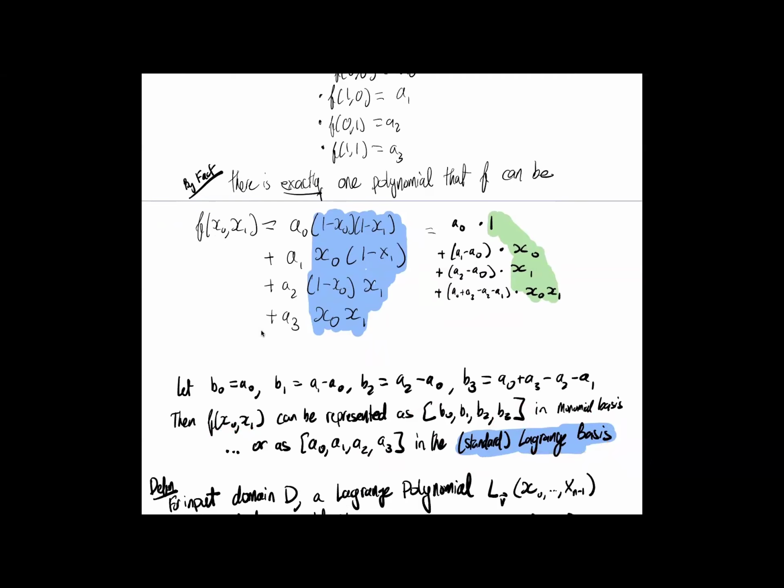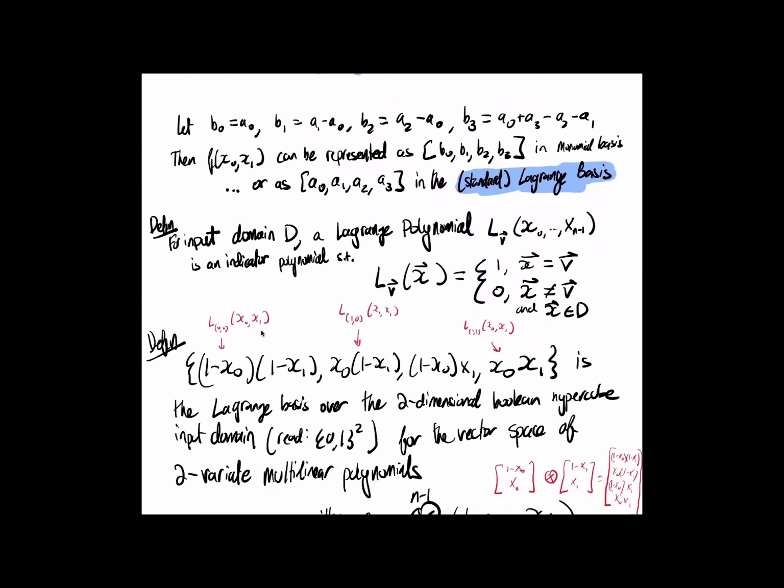As it turns out, this set of polynomials, this, and this, also forms a valid four-dimensional basis for the vector space of multilinear polynomials of two variables. So that's interesting. This is a basis. This is also a basis. They're two different bases. This is a monomial basis, and this is what we call the Lagrange basis.